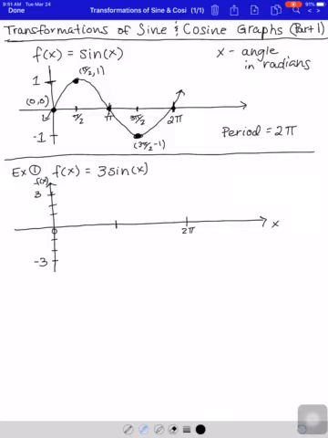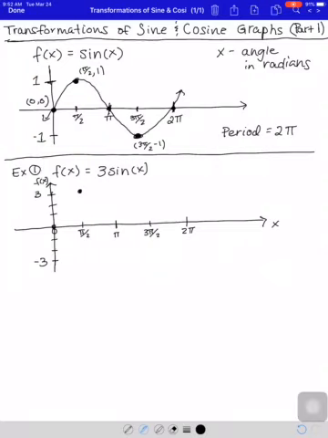If I finish labeling my x-axis, we have pi in the middle. Halfway between pi and 0 is pi over 2. Halfway between pi and 2 pi is their average, 3 pi over 2. Right? And now we're going to follow the same pattern. Remember with the sine wave, we went 0 up to 1, back to 0, down to -1, back to 0. Well, now we're going to do the same thing, except our high points are going to occur up here at +3.